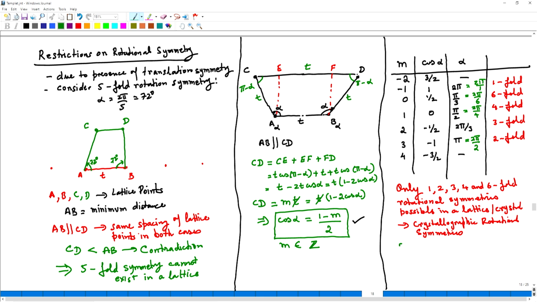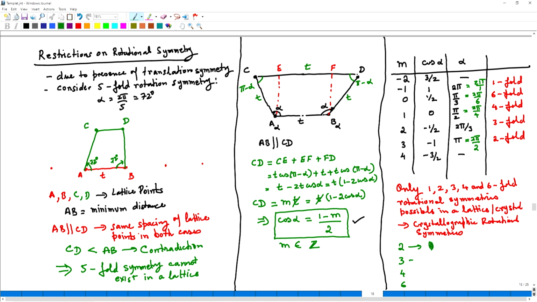So, 2-fold, 3-fold, 4-fold and 6-fold, and you can see that there is no 5-fold. Now, a graphical symbol for this is a kind of a lens, or we can even say an ellipse, that is used. And in fact, in the previous lecture, when we had looked at the various rotational symmetries in the lattice, this was a symbol that we had used.